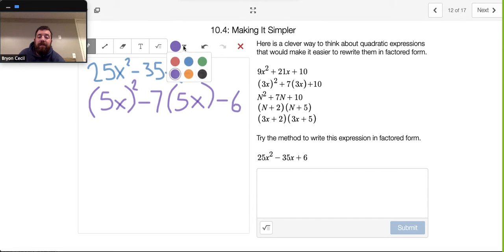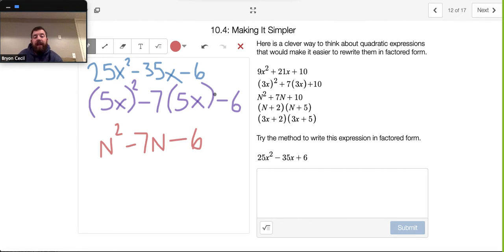There we go. Okay. So now, instead of having 5x, we want to use that placeholder. N squared minus 7n minus 6. And so now I'm looking at, actually, guys, thank you for correcting me. This should be a plus 6.